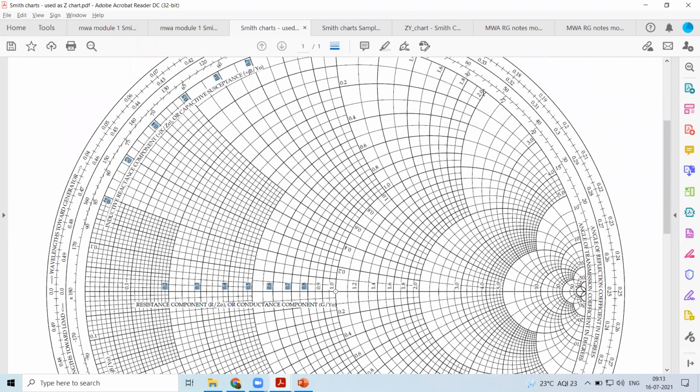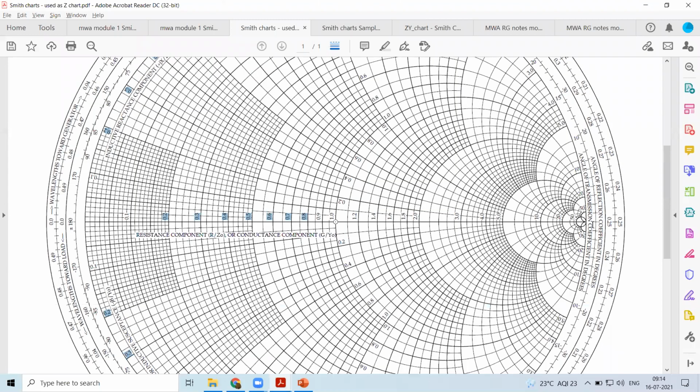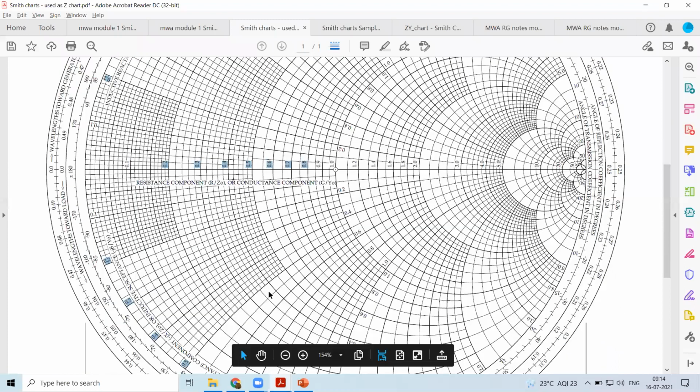Similarly, there are some other circles, which are the reactance circles. They originate and then terminate at the outer circle of this Smith chart. So this is associated with the reactance part and the resistance part.